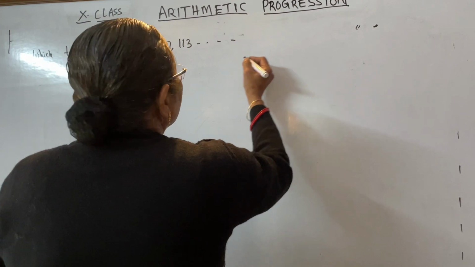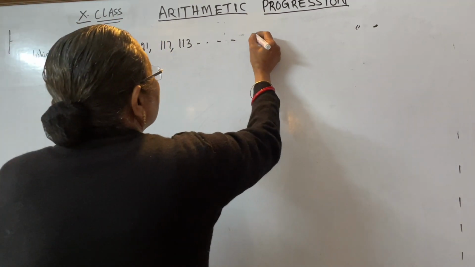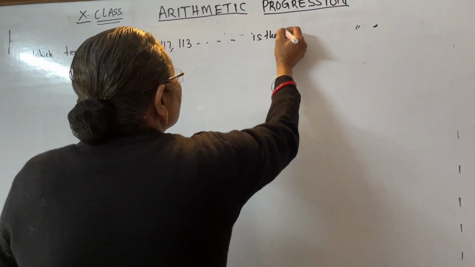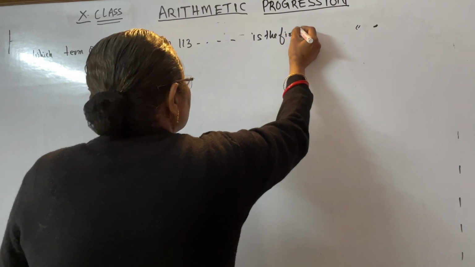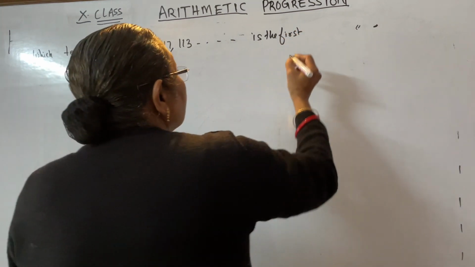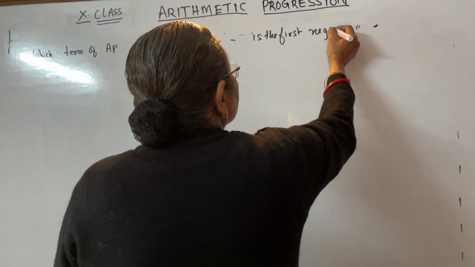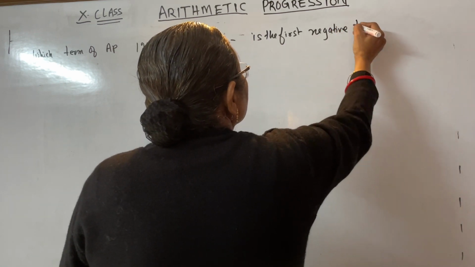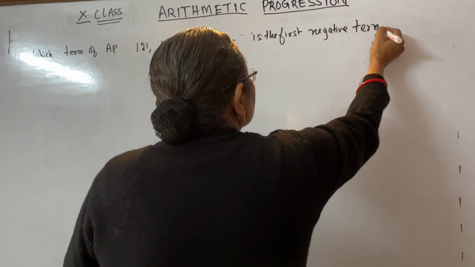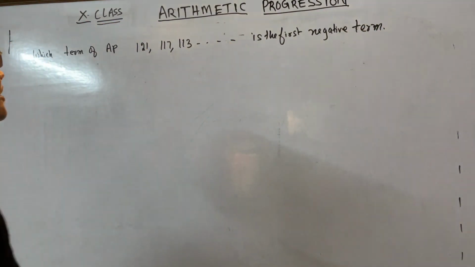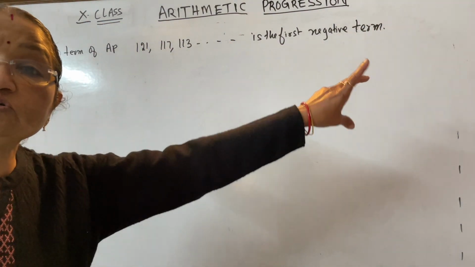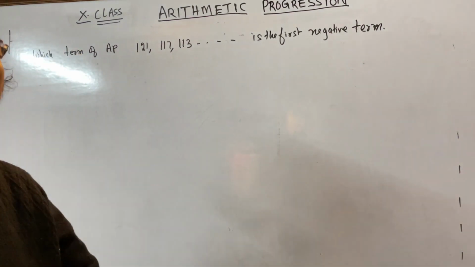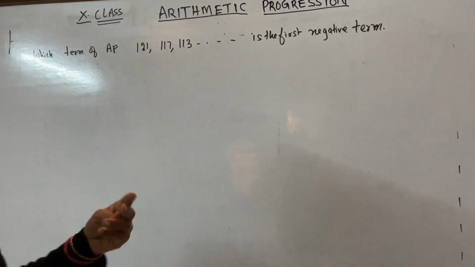Which term of the AP is the first negative term? Okay, so it goes on decreasing, then it comes 0, right after 0 the one which is coming, that is the first negative term.